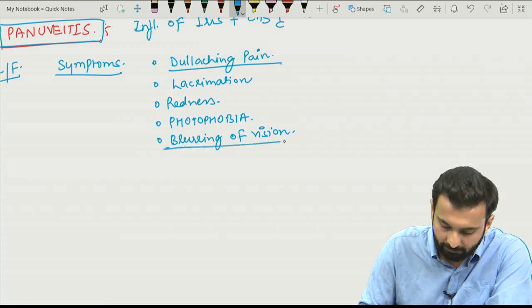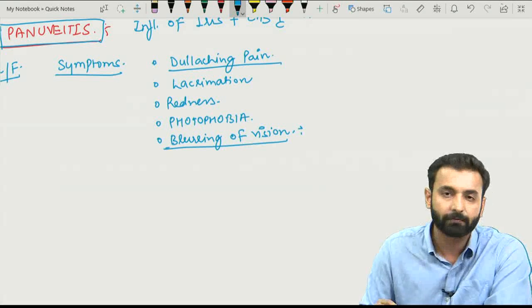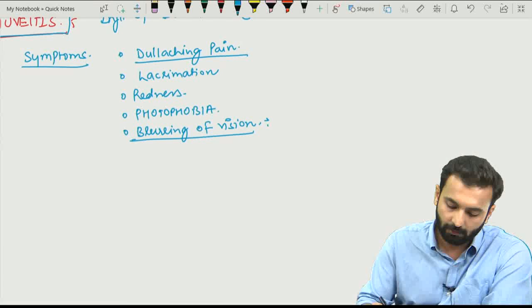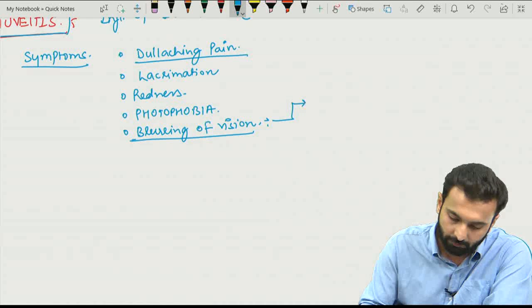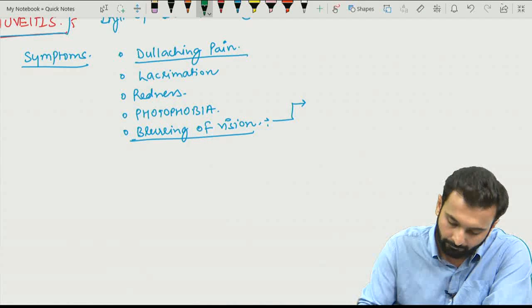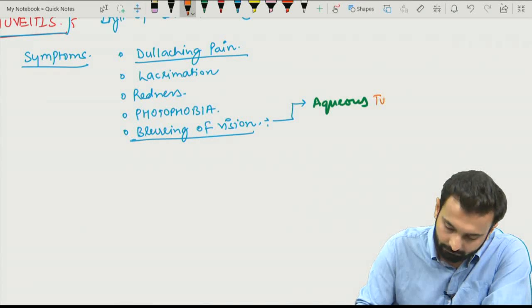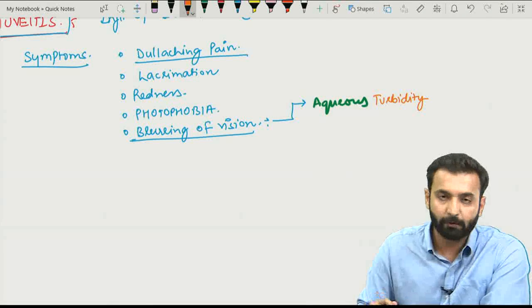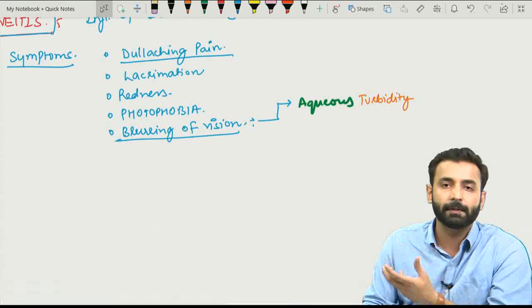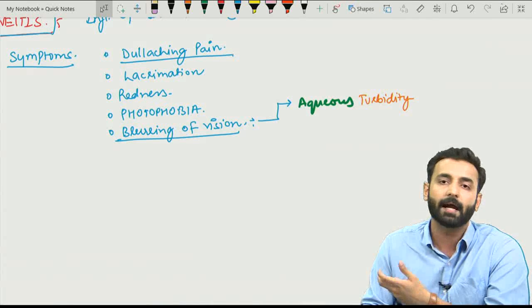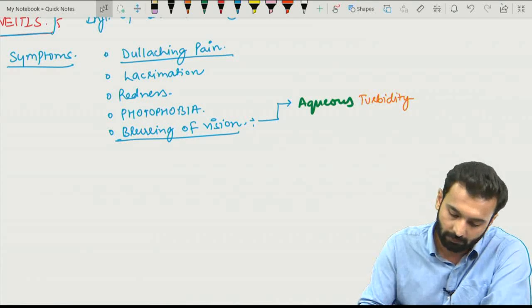Now the important thing is why there is blurring of vision in anterior uveitis. Blurring of vision can be due to aqueous turbidity, meaning there will be presence of aqueous cells and aqueous flare.